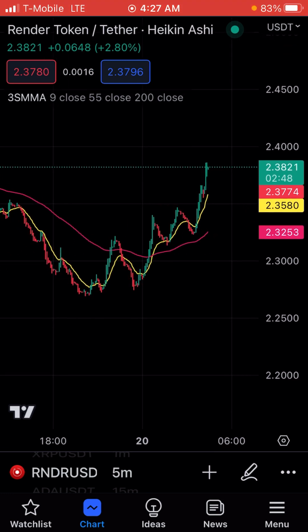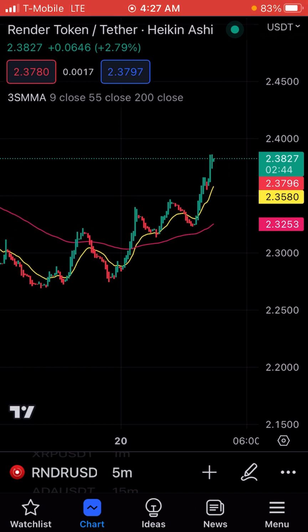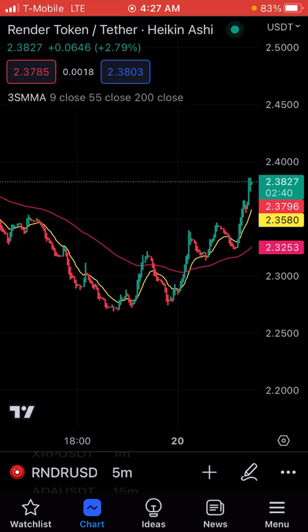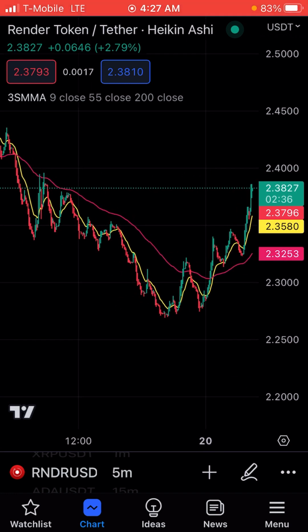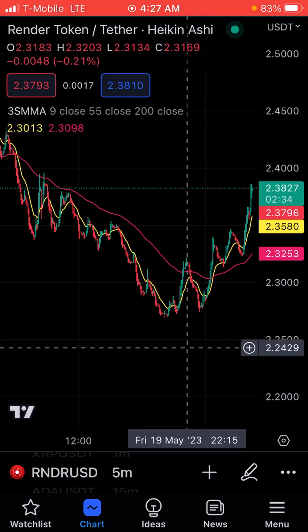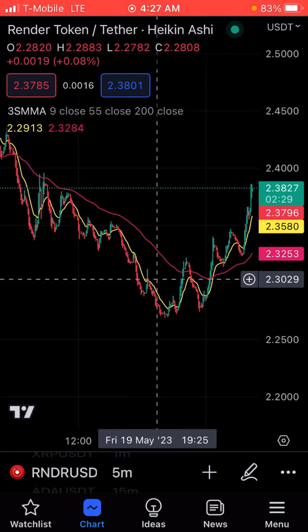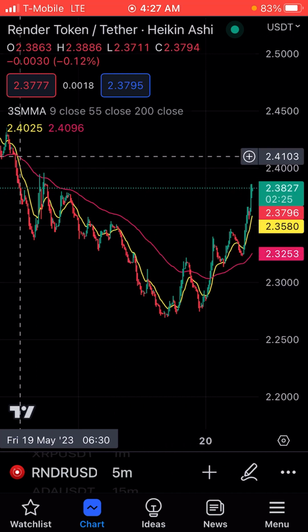So the strategy is really simple. What you basically want to do is look for the moments that they cross, because you'll notice that usually when they cross, if you write it out, it's at a different point than where it crossed for the first time.